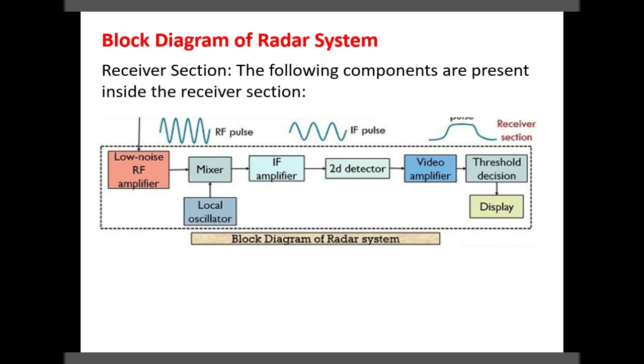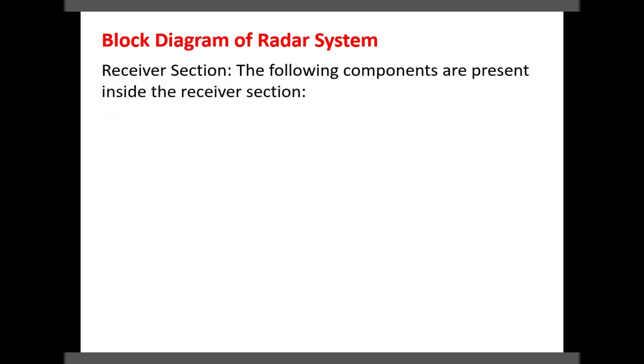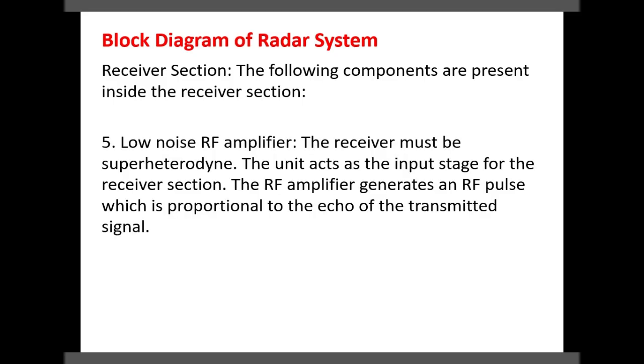Now we will go to the receiver section. The receiver section consists of the following components: low noise RF amplifier, mixer, IF amplifier, second detector, video amplifier, threshold detection, and display. We will see how they work one by one. First of all, the low noise amplifier.